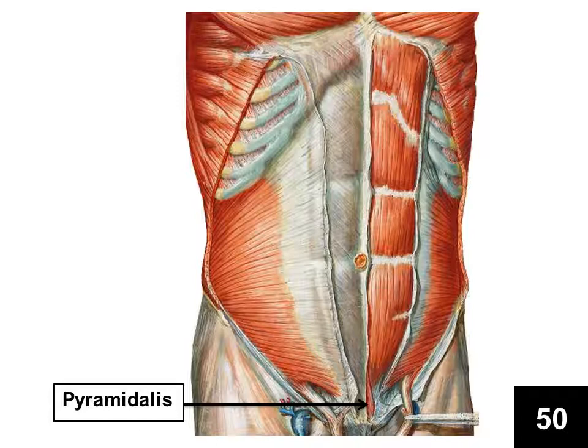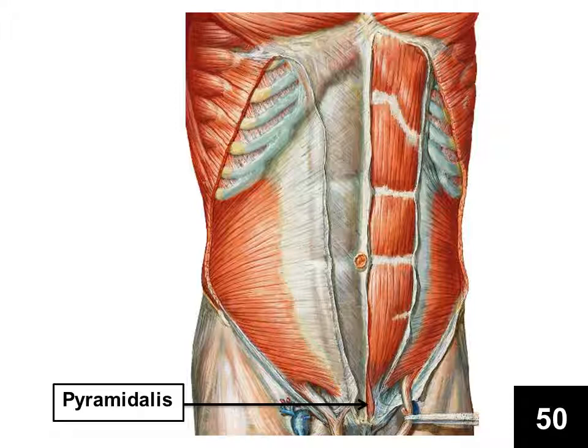Also the action. What do they do when they contract? First, they retain the viscera within the abdominal cavity, meaning they maintain its position and give support to the viscera. Second, the oblique muscles, when they contract, laterally flex and rotate the trunk.